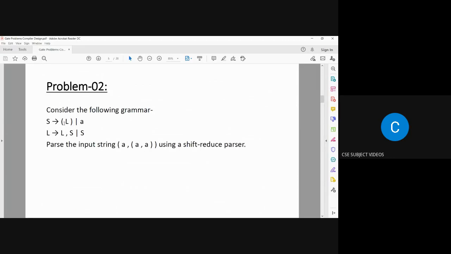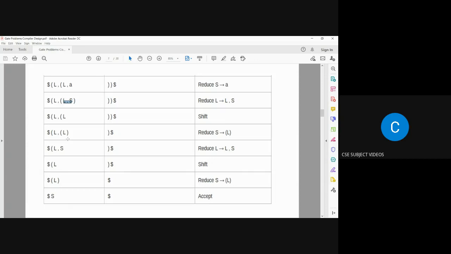According to our first production, (L) is reduced by S. So $ [L, this whole (L) is reduced by S. Then the remaining input symbols are the closing bracket and then $. Again, L, S, according to our second production, L, S is reduced by L. Now $ [L, S, instead of L, S we are mentioning the non-terminal L, and the remaining input symbols are the closing bracket and then $.